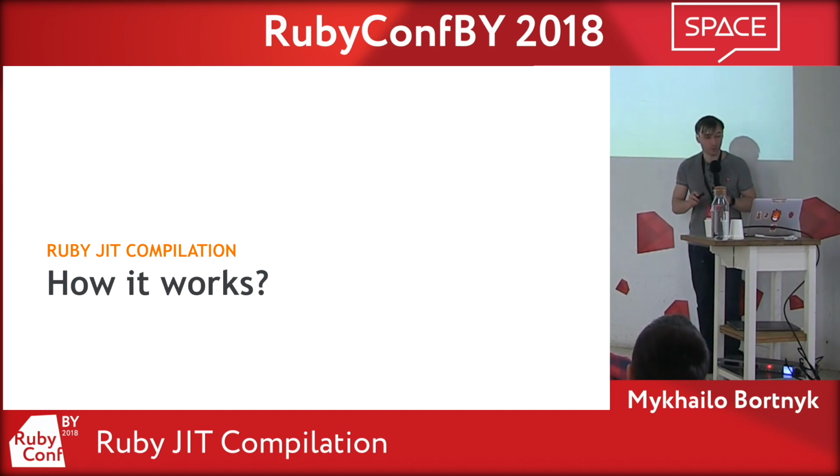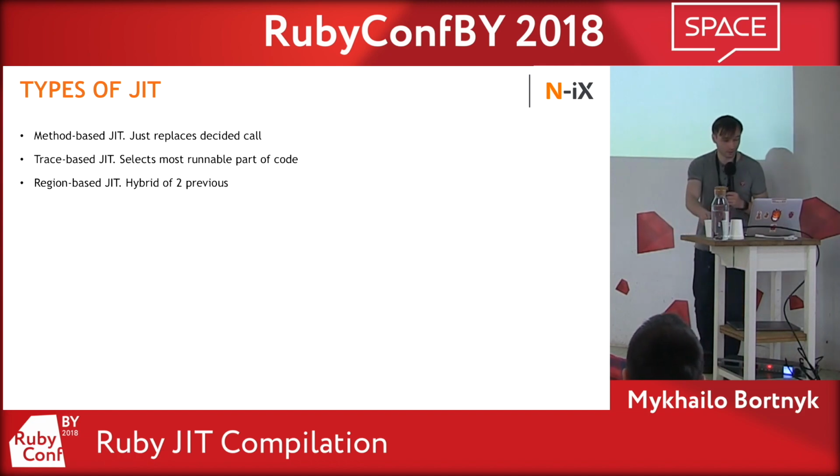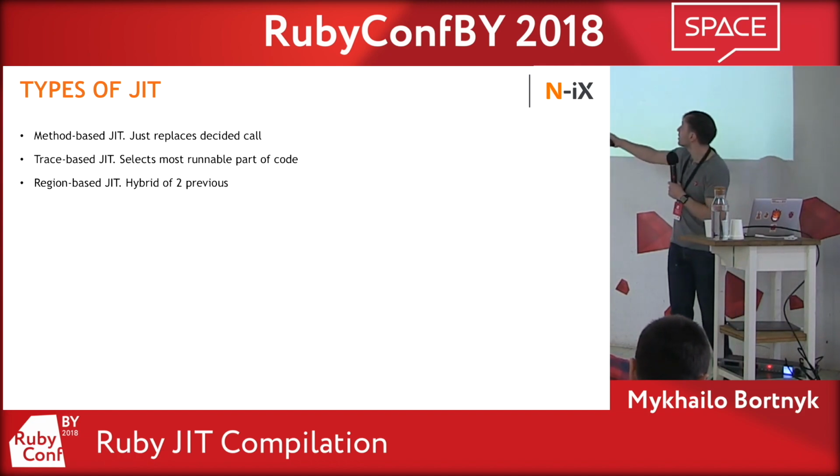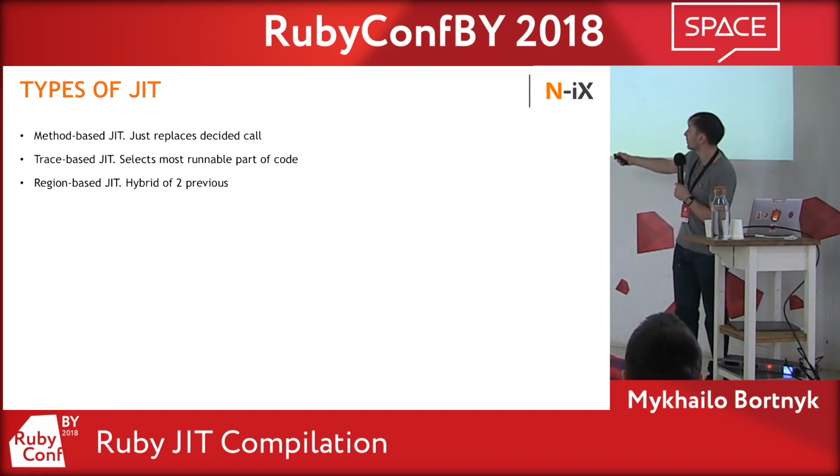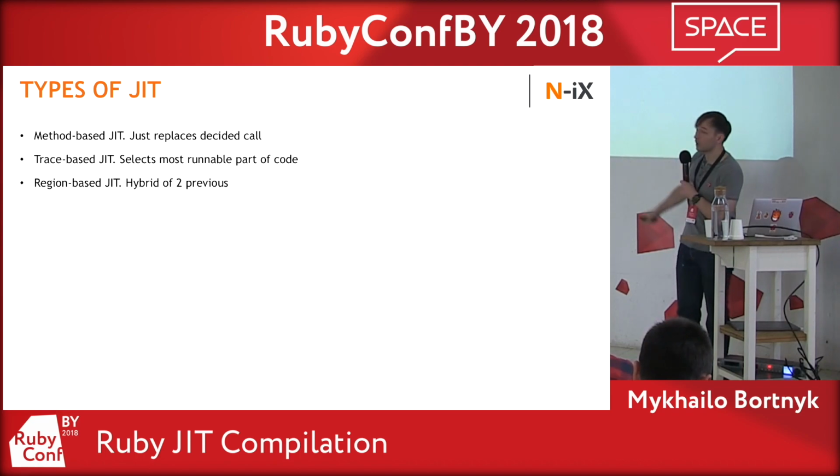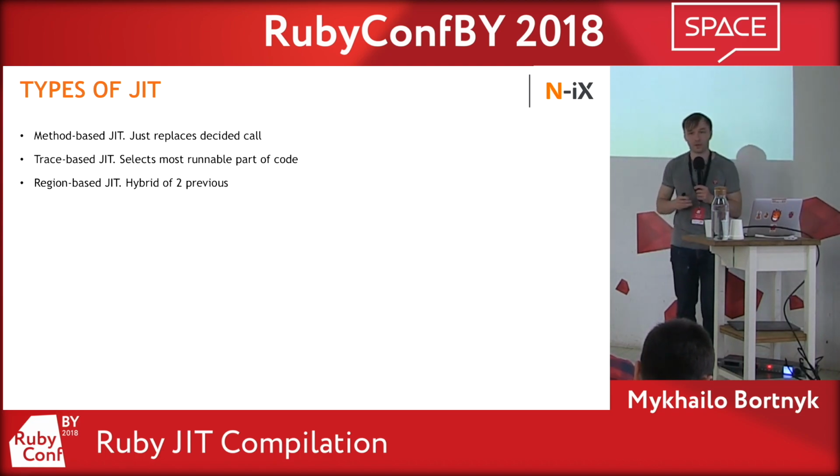Which types of JIT do we have? The most common, and actually the hardest one, is method-based JIT. It just replaces the decided call. So you have some method, your virtual machine executes it, and after this, the JIT compiler turns it and replaces it in a call table.